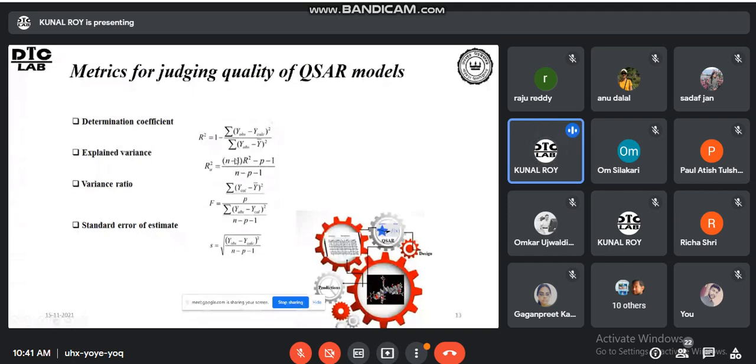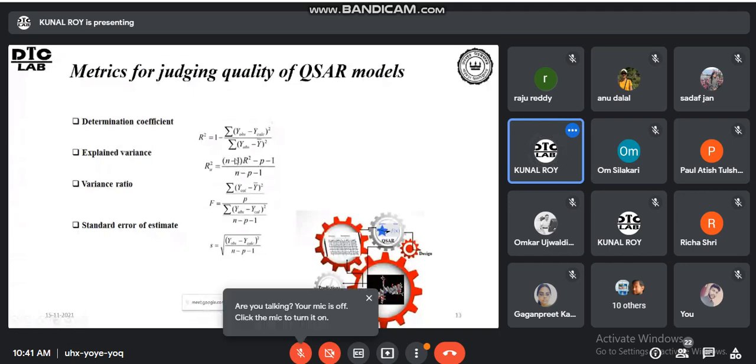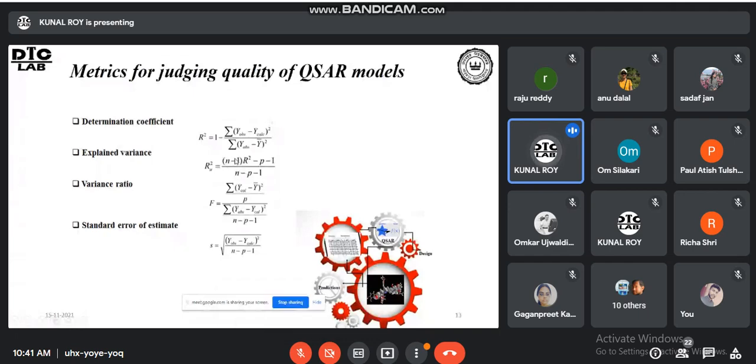We take the sum of those and divide it by the number of descriptors, and in the denominator we have the sum of squared residuals divided by the degrees of freedom, and we have the error of estimate, that is the root of the squared residuals over the degrees of freedom. The standard error of estimate should be a low value and the variance ratio should be a higher value, and the F value should be significant at a particular degree of freedom, and F will have 2 degrees of freedom. This is the statistical test for a regression-based model.